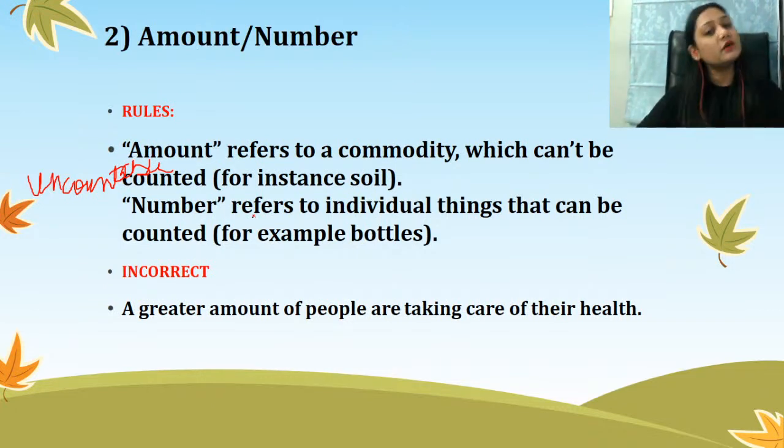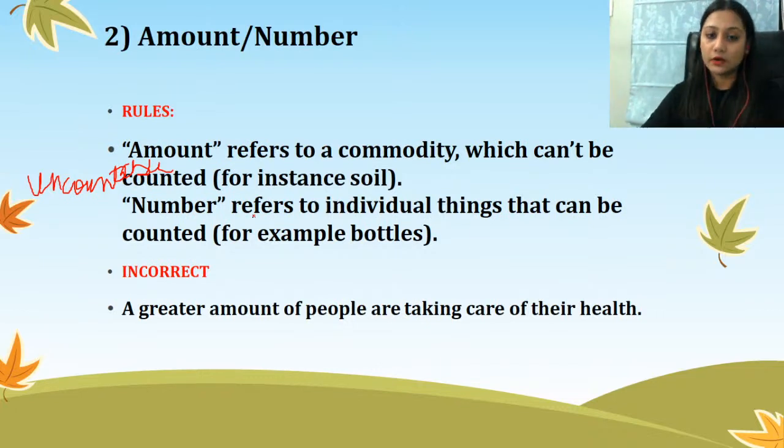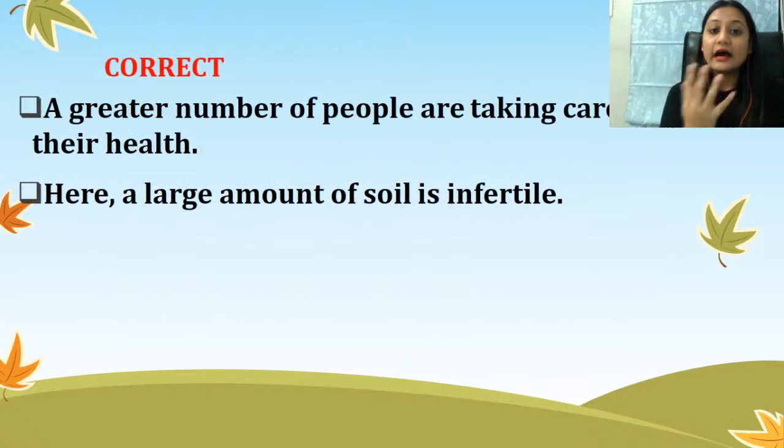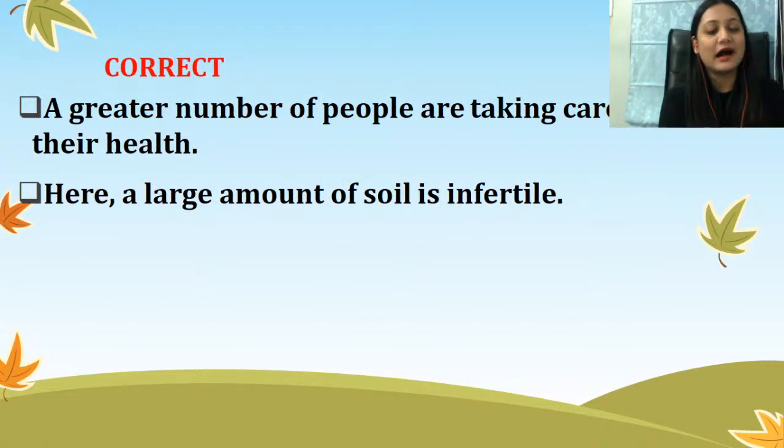When you're talking about uncountable nouns, you have to use amount, and when you are talking about countable nouns, you have to use the word number. Now, a greater amount of people are taking care of their health? No. A greater number of people are taking care of their health. Rather, we are supposed to say it this way.